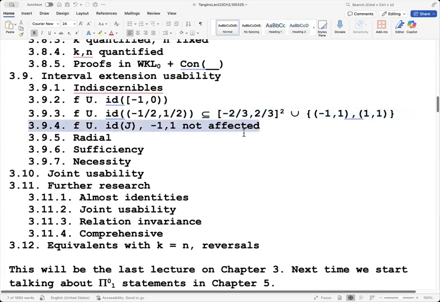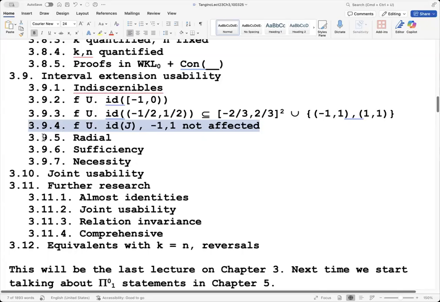This and this are sufficient. 393 follows from 394. 394 is stronger. So these are two sufficient conditions, 392, 394.